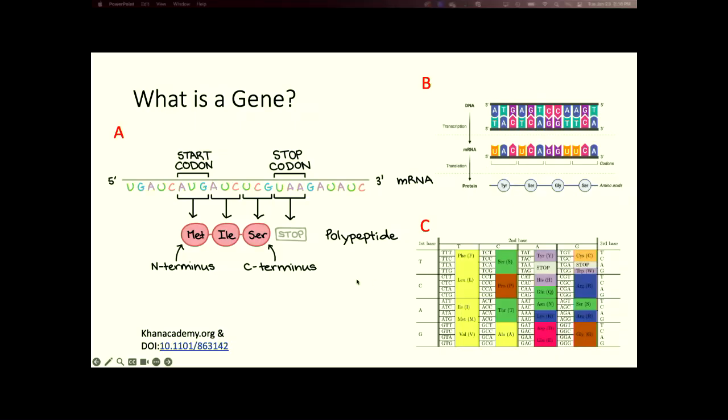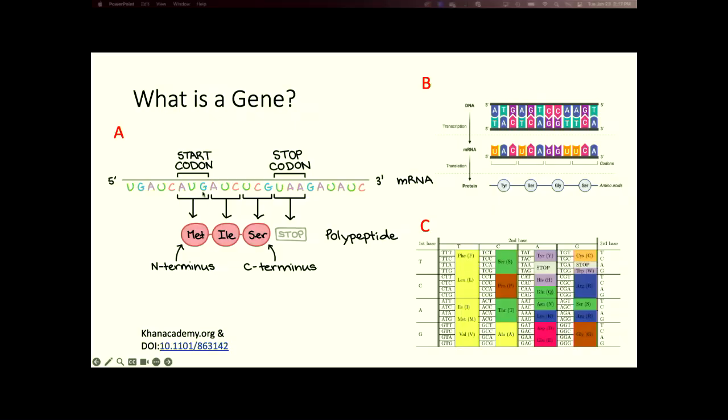When the ribosome is reading our mRNA, we have a start codon AUG, and all the different permutations of substrings of three characters correspond to 20 amino acids.